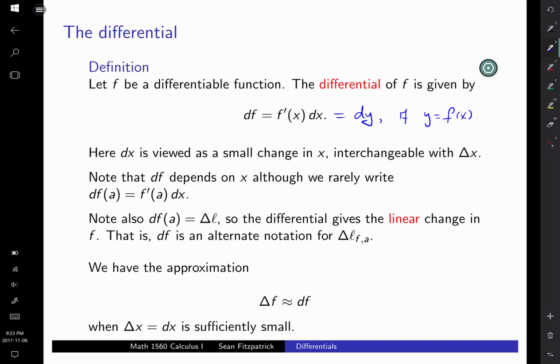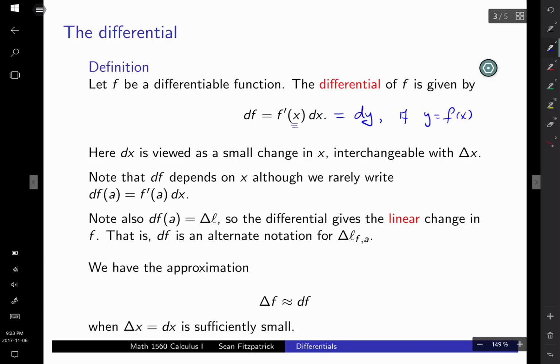So we view dx as interchangeable with delta x. We mentioned that on the previous slide. And in a sense, this df or dy really depends on a. dx is representing some small change, but the little change in y that we get by making a change in x also depends on what point we're at.